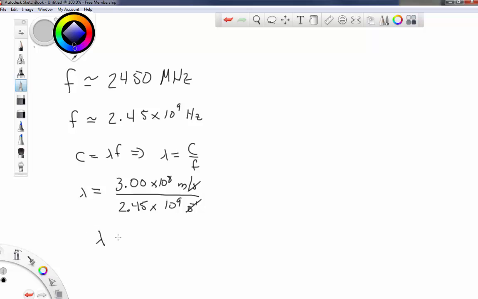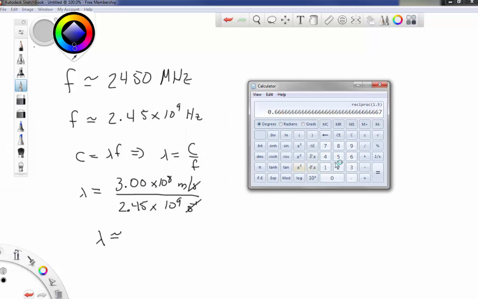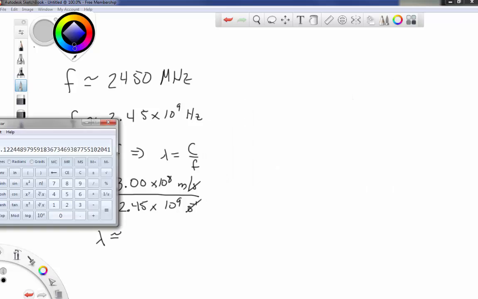And so if you plug those into your calculator, 3 divided by 2.45 would give us this number. We have 10 to the 8 divided by 10 to the 9, so we need to multiply that by 10 to the negative 1. And so you end up with 0.122 meters.